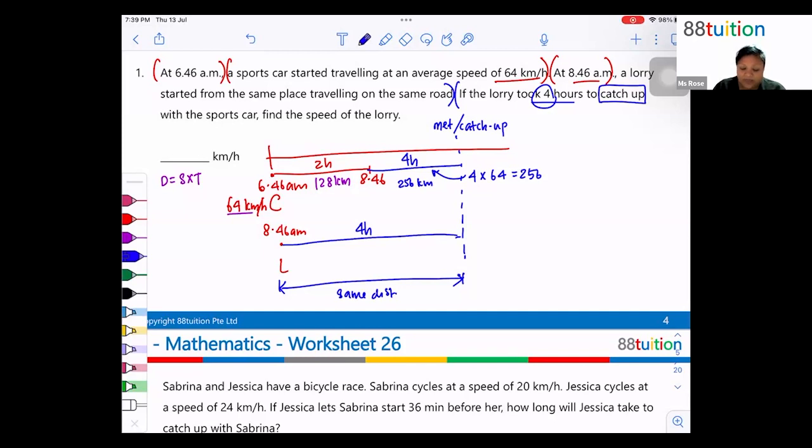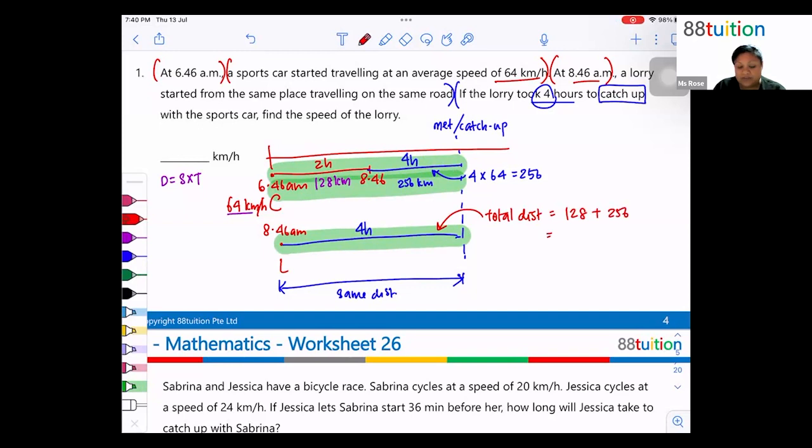From here, the total distance is given by 128 plus 256, so in 4 hours, the lorry would have covered how much? Total distance covered by the lorry in 4 hours would be 128 plus 256 kilometers to give me 384.